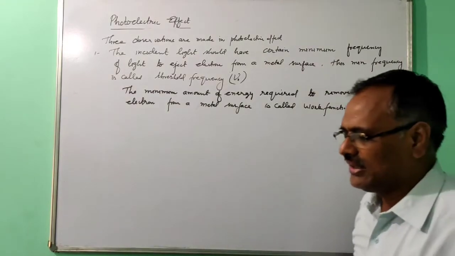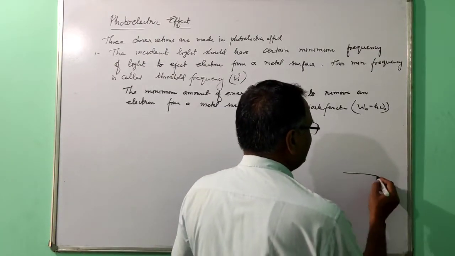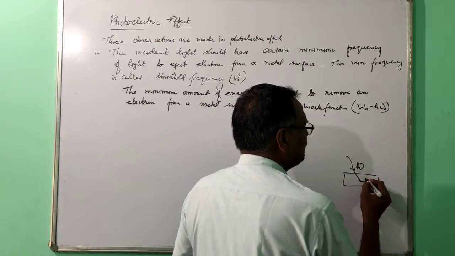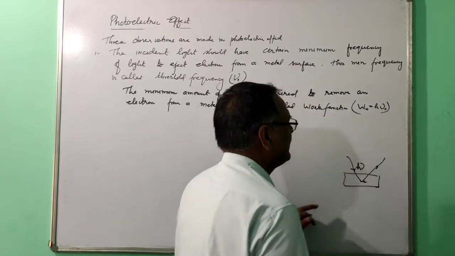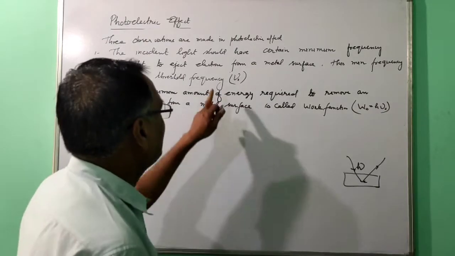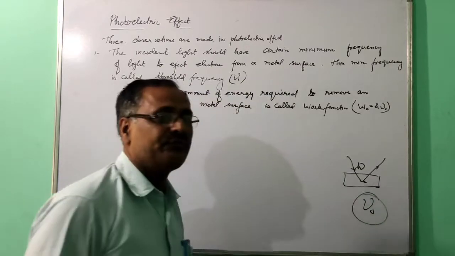The meaning is that when light falls on a metal surface, for removing the electron a certain minimum frequency of light is required, and that minimum frequency is nu zero, called the threshold frequency.